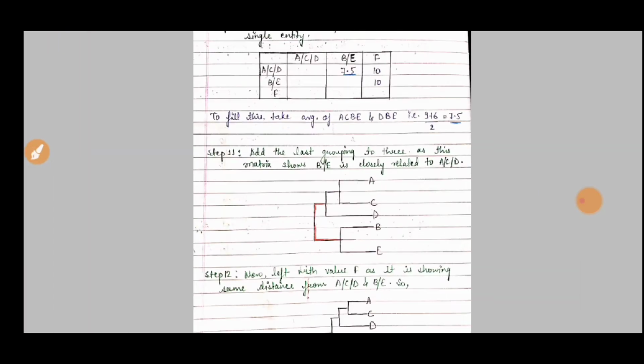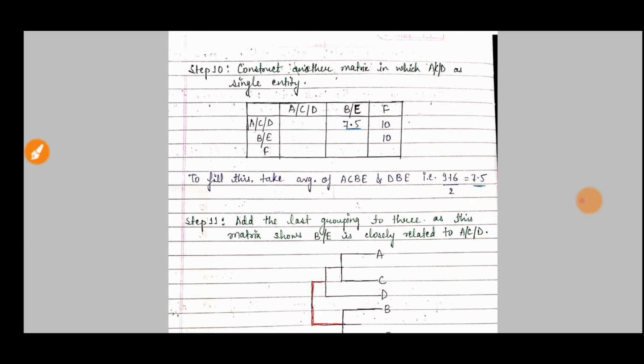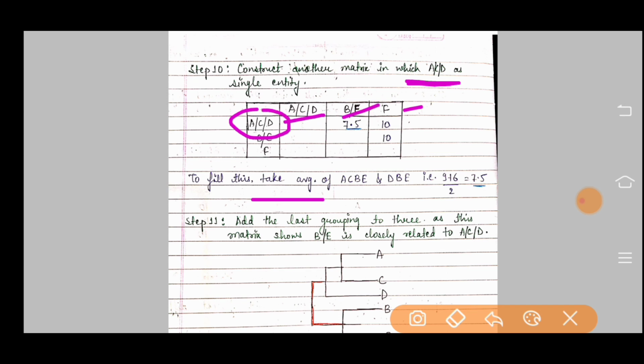Now come to step 10. Construct another matrix in which ACD is a single entity. So ACD and B are written the same, and F. To fill this, take the average of ACBE and DBE.